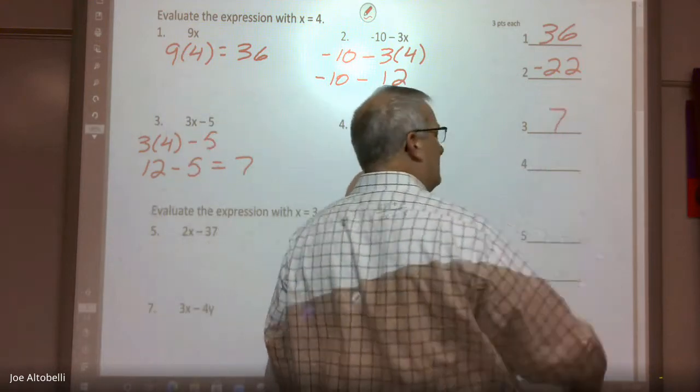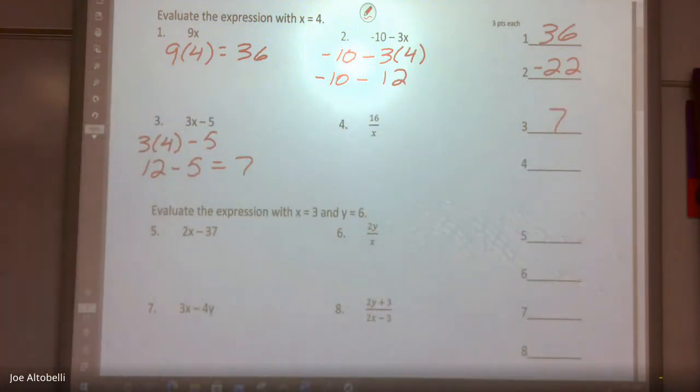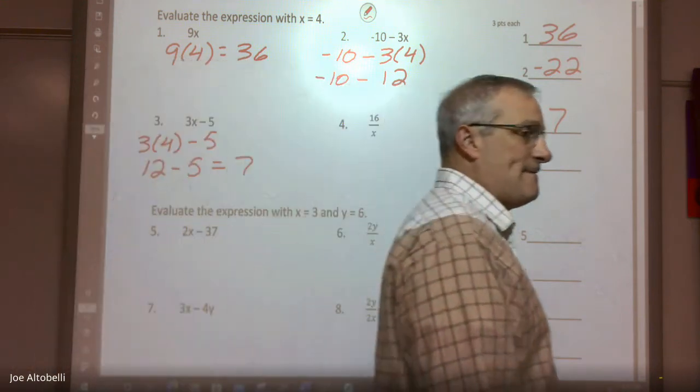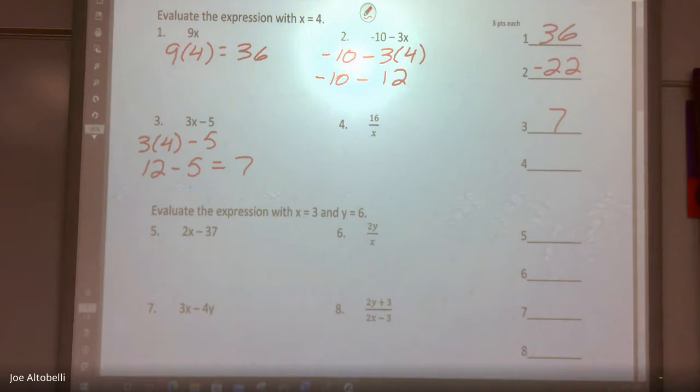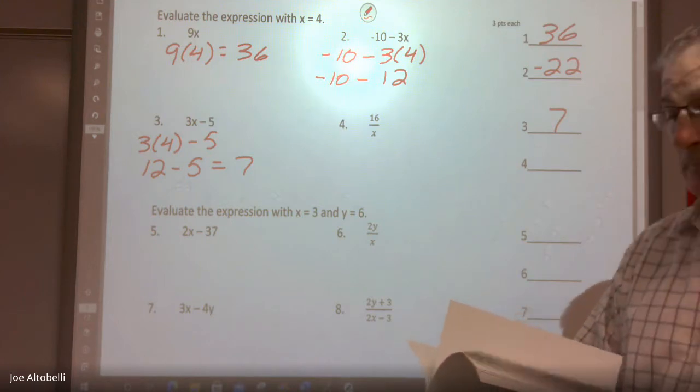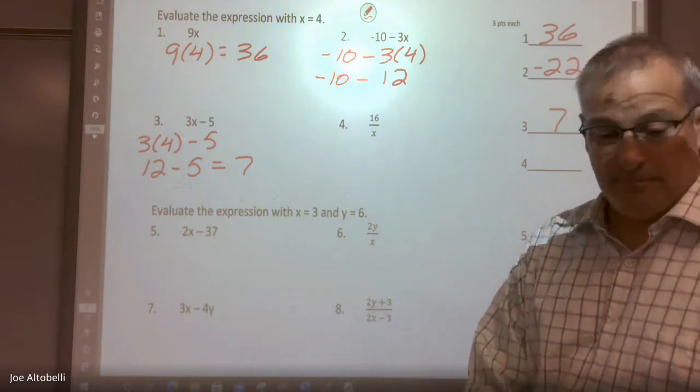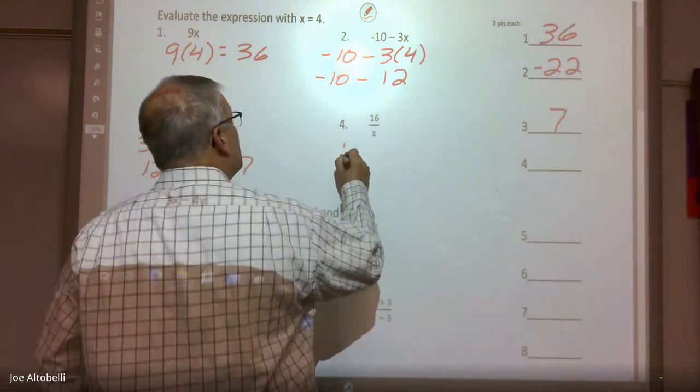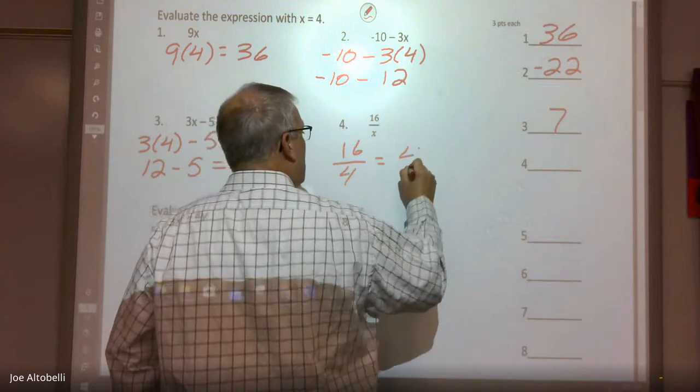So number 3, we get 7. Substitute the number in and follow order of operations. Go ahead, number 4. 16 divided by 4 is 4.